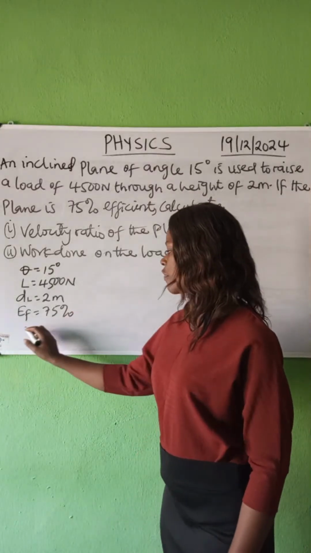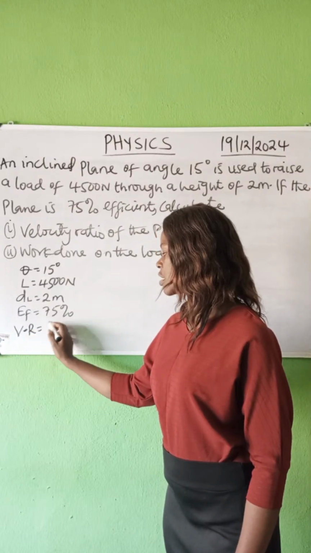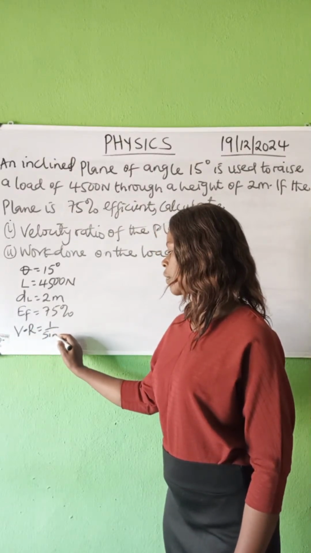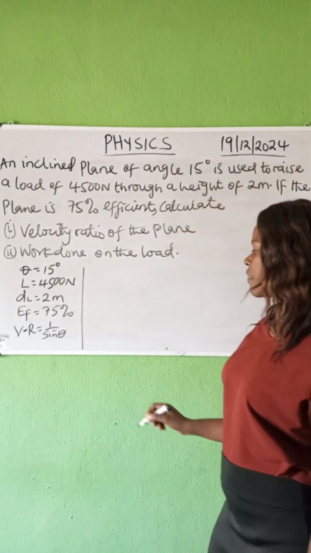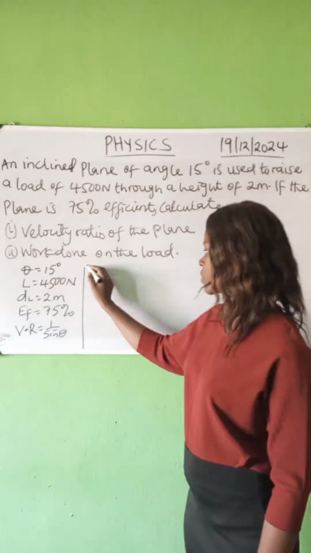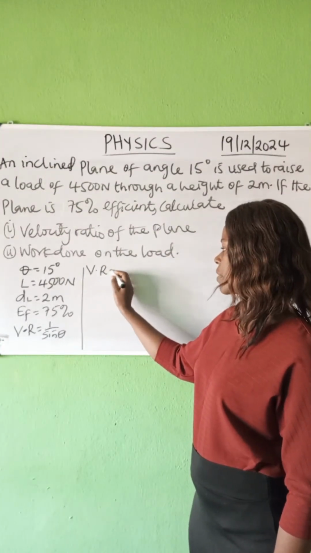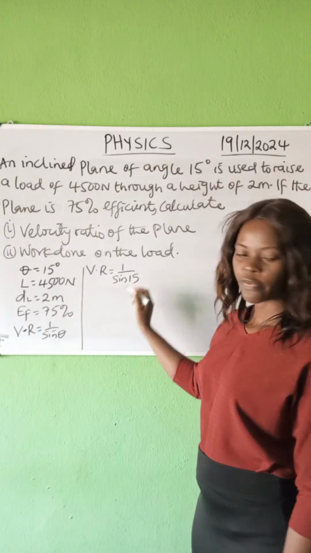Now, from our formula, velocity ratio is equal to 1 over sine theta. You just have to substitute: VR is equal to 1 over sine, and my theta is 15.